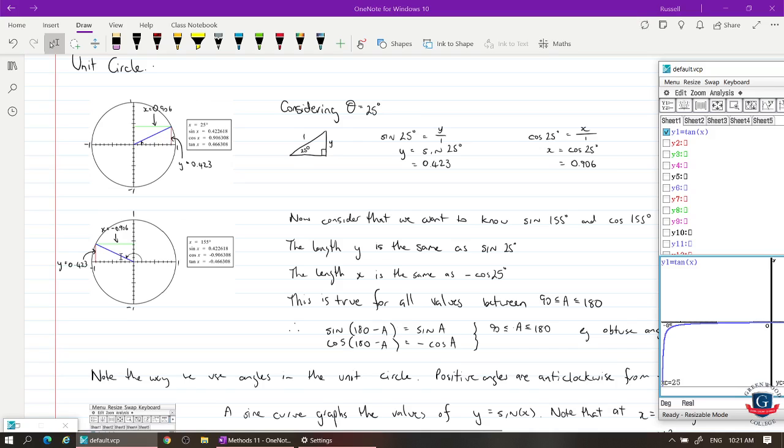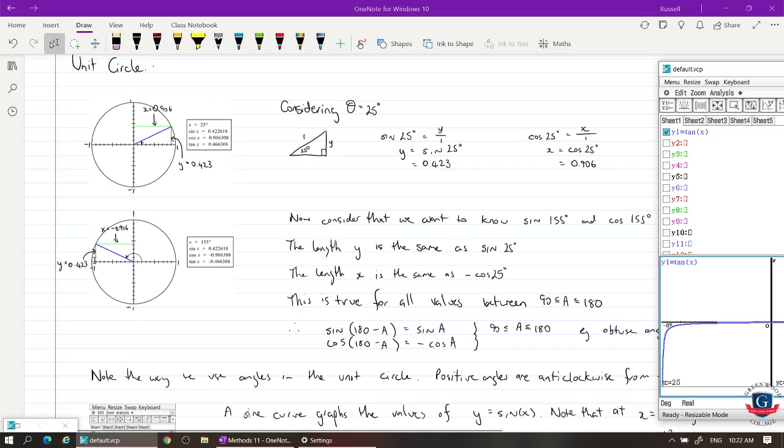So if we want sine theta, it would be this length divided by 1, or just this length here, which would be 0.423, the exact same value that we get for sine 25. So sine 155 is the same as sine 25. For cos, we have to be a little bit careful, because the horizontal length here is going to be a negative value. Negative value divided by 1 would be the negative of what we found in the first quadrant.